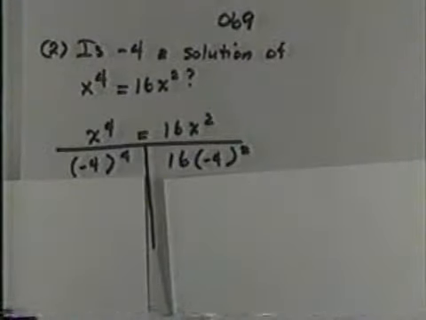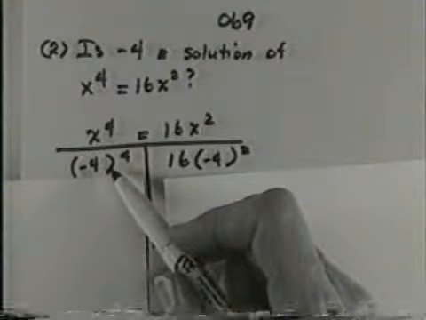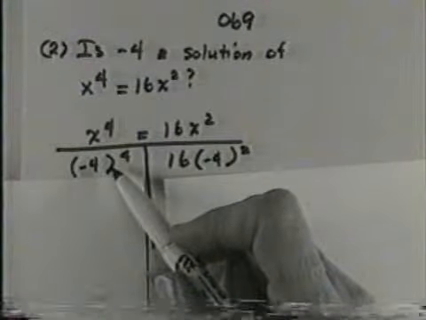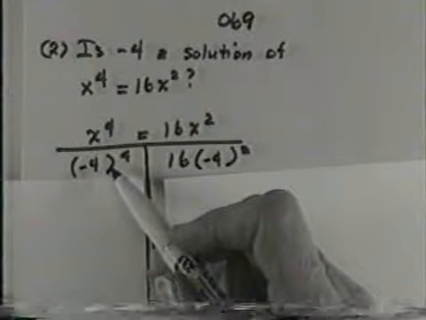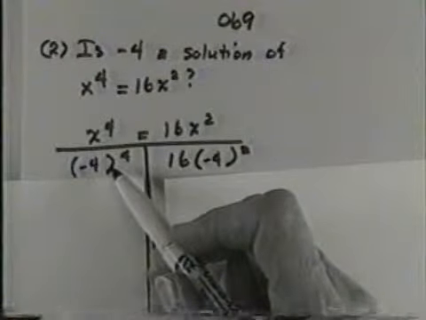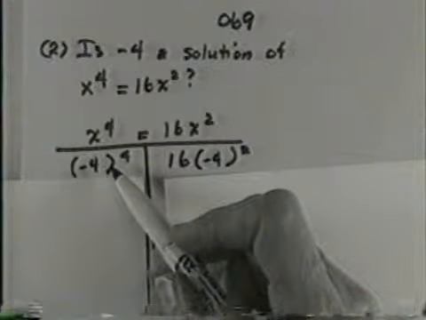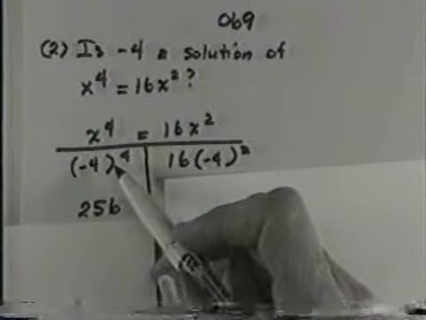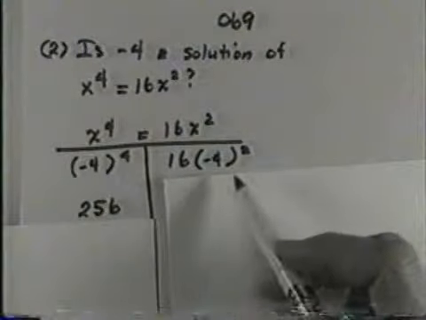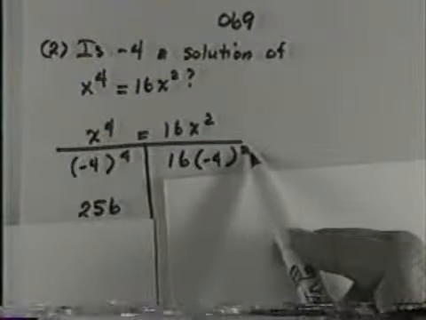That gives me an expression to simplify on the left. Negative 4 to the 4th power means negative 4 times negative 4, which is 16, times negative 4, which is negative 64, times another negative 4, which is 256. On the right, I have multiplying and an exponent.